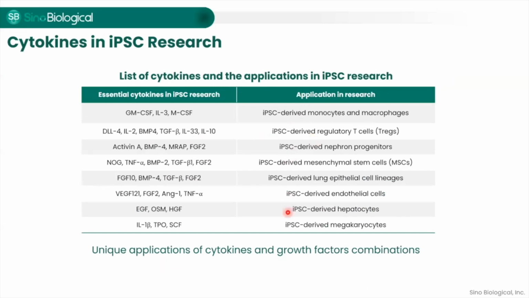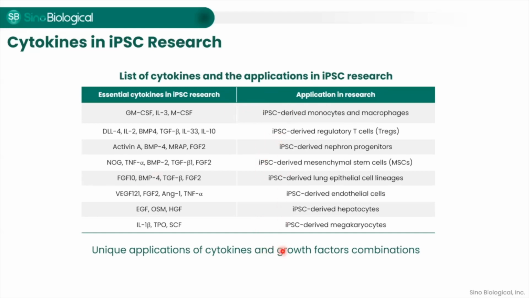Then to generate an organoid, typically pluripotent stem cells are cultured and subsequently grown into a fully differentiated structure with specific cocktails of growth factors required for each step, as we have seen previously. So these specific combinations of growth factors and cytokines, such as GM-CSF, activin A, BMP4, DLL4, EGF, and FGF, among others, are essential components of differentiating stem cells, and more specifically, iPSCs into various cell lineages, as seen in this table.